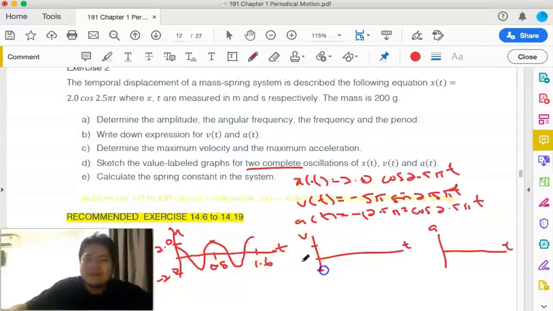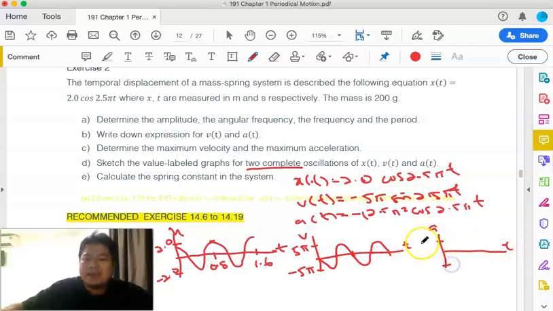For velocity, this is 5 pi, and this is negative 5 pi. This is the first cycle, second cycle. This is sine, so it should start from here because it's negative. You have one cycle and two cycles.